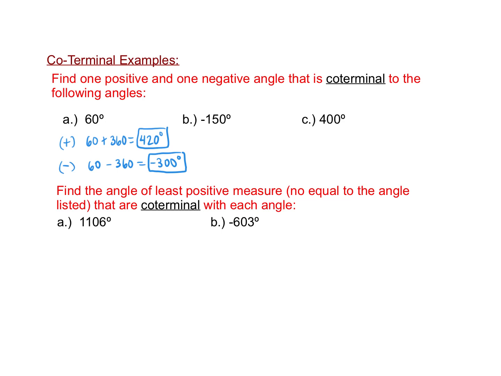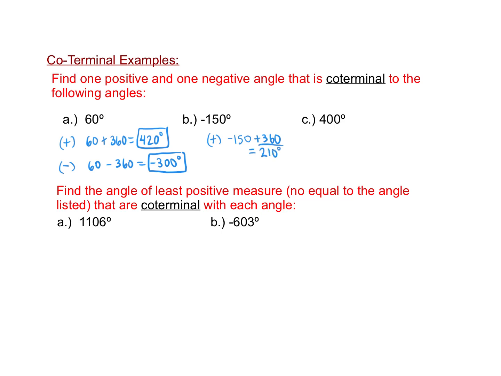So for negative 150 degrees, we're already on the negative. If I add 360, that should tip me over to the positive side. So if we wanted a positive angle, we could take negative 150 plus 360, and that gives me 210 degrees.